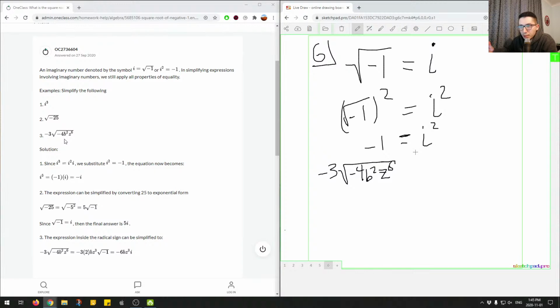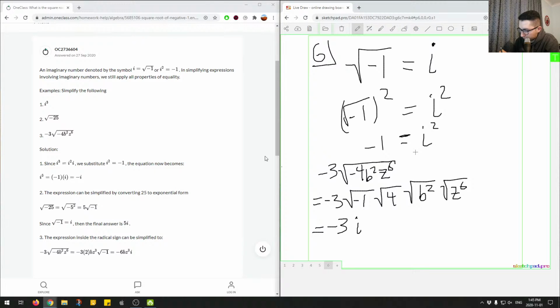We want to split up the values underneath the square root. So this is equal to negative 3 times negative 1, square root of negative 1, times the square root of 4, times the square root of b squared, times the square root of z to the power of 6. Right away we can see that this is i, the square root of 4 is 2, and we can simplify the rest. So we have negative 3i, and then the square root of 4 is 2, and then we have b.